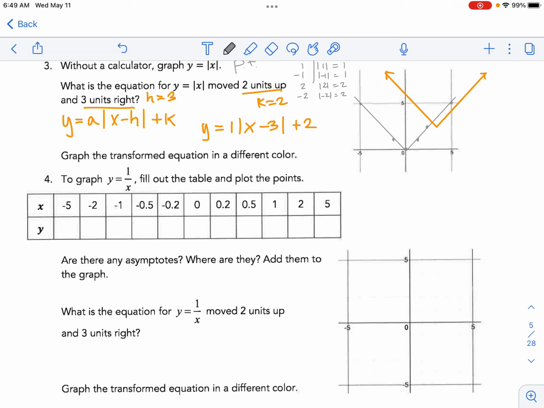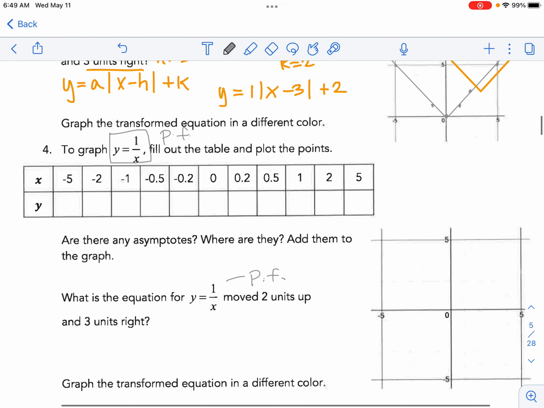So this is our parent function right here, PF. I'm jumping around a little bit, but here it is as well, our parent function, PF. Okay, to graph y equals 1 over x, fill out the table and plot the points.